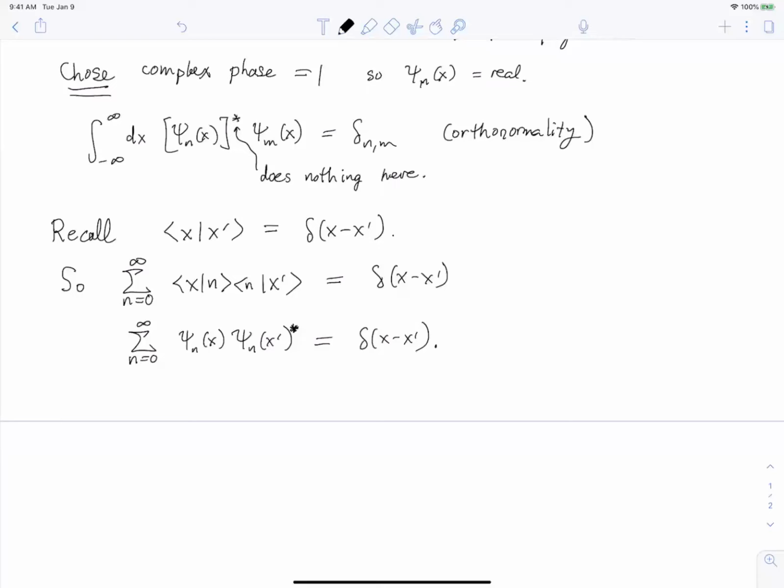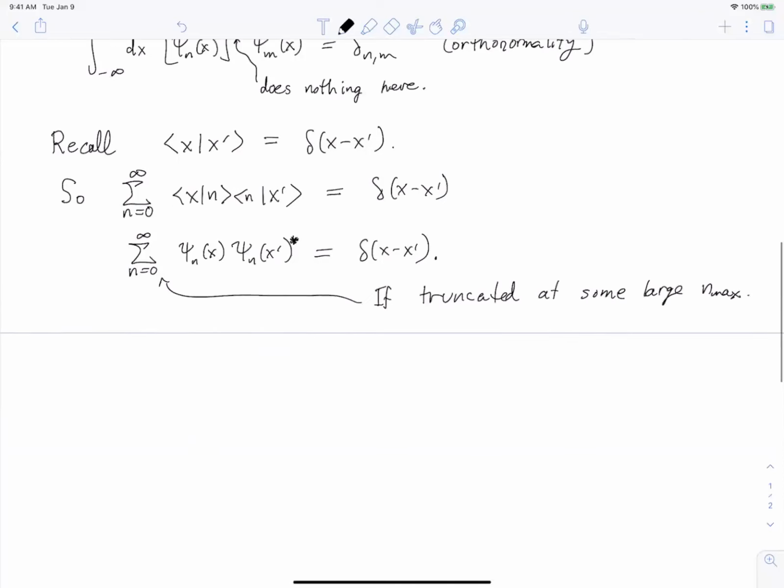So what happens if you truncate this at some large n? I'll call it n max. Then you could graph the left-hand side and see how it approaches the delta function.